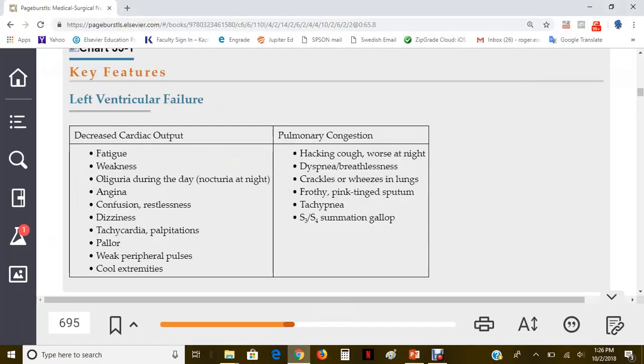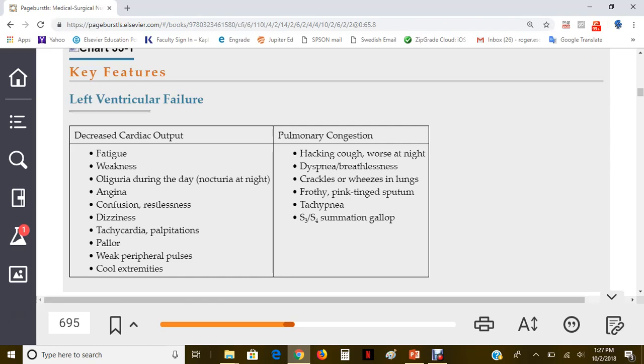So here we go. There are two columns here for chart 35-1. Again, the left ventricle is responsible for pumping blood through the aorta, so failure will lead to decreased cardiac output.